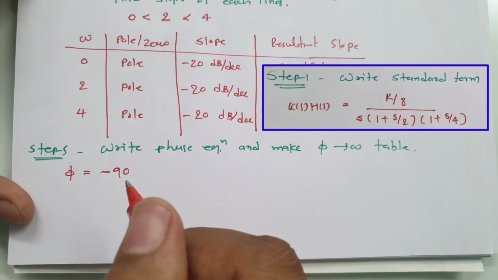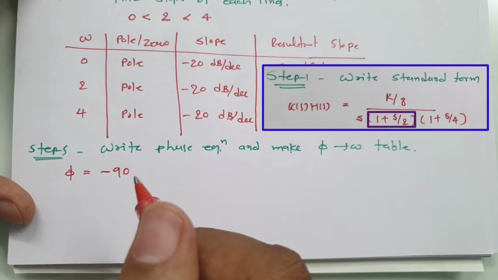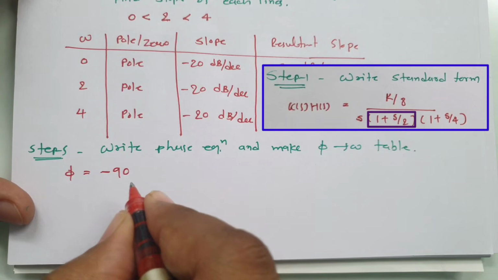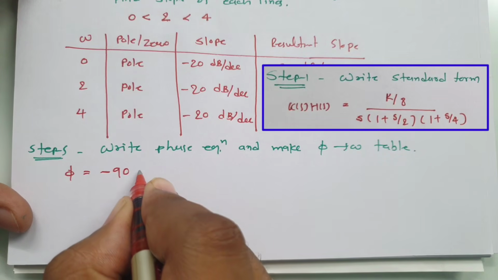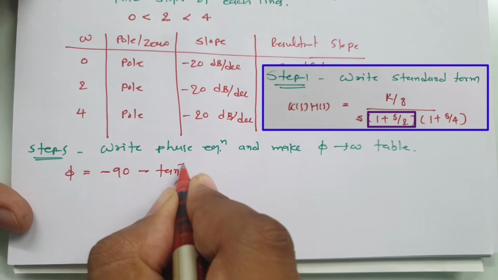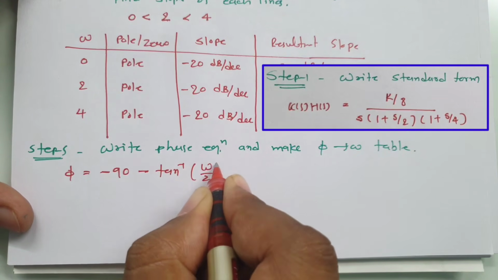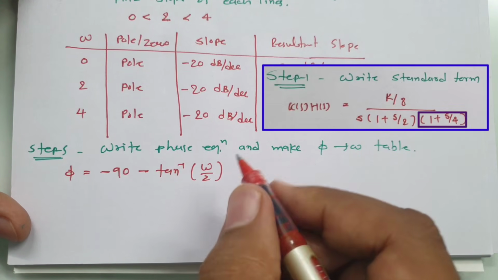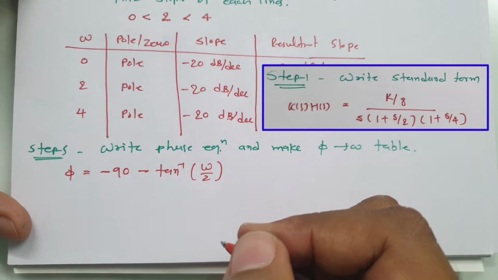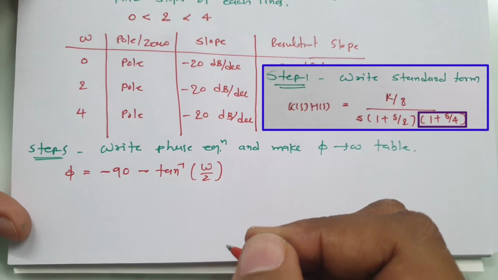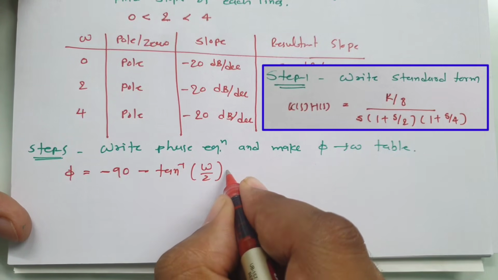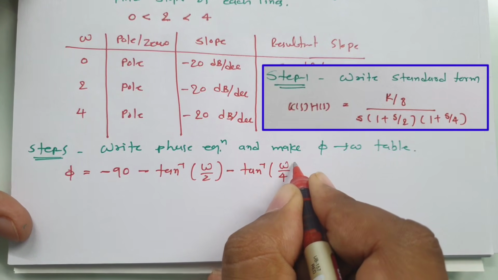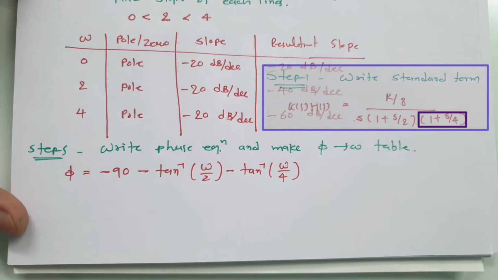Then you see 1 plus s by 2 means 1 plus j omega by 2 is there, and there we have a pole, so minus tan inverse omega by 2 is the phase. Another corner frequency is 1 plus j omega by 4, which means there is a pole, so minus tan inverse omega by 4 is the phase which we need to write.